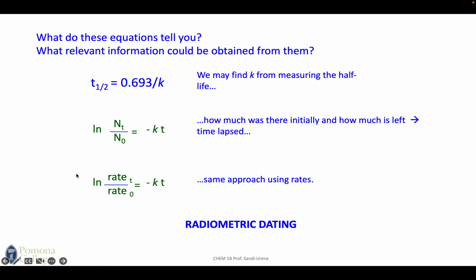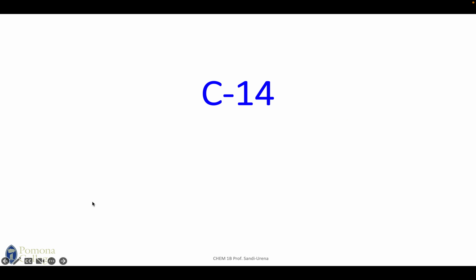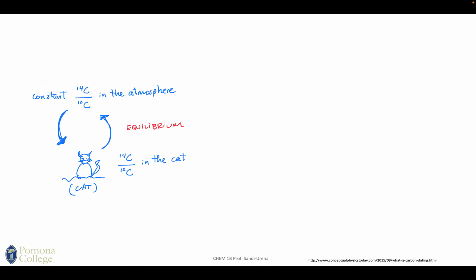Okay, we're going to use these equations for what we call radiometric dating. And the first example we're going to use, probably you've heard more about this one than others, is carbon-14. To understand the radiometric determination using carbon-14, we need to establish a couple of ideas.